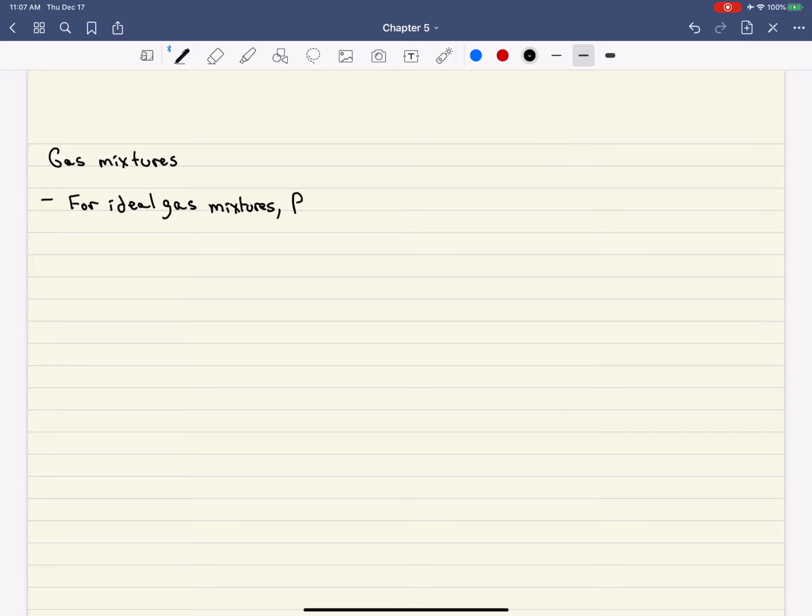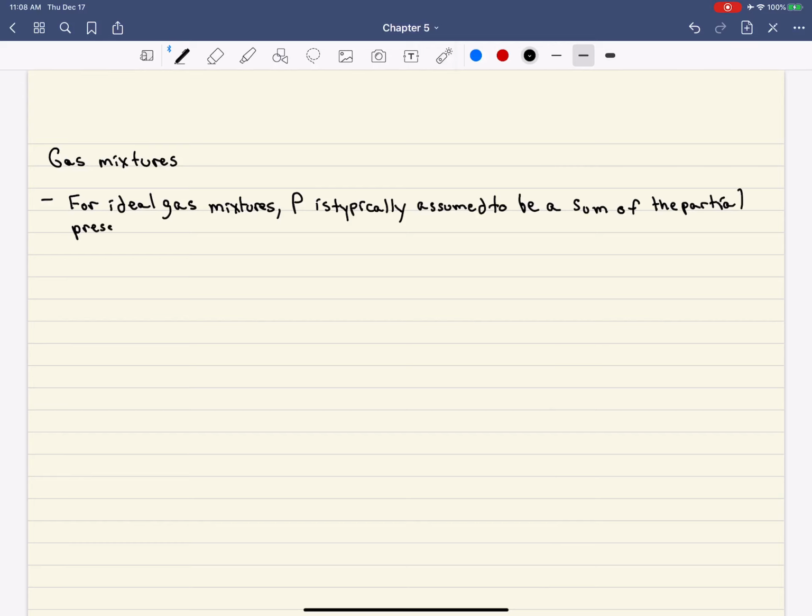your pressure, the total pressure of the system, is going to be related to what we call the partial pressures of each of the chemical species. So P is typically assumed to be a sum of the partial pressures.